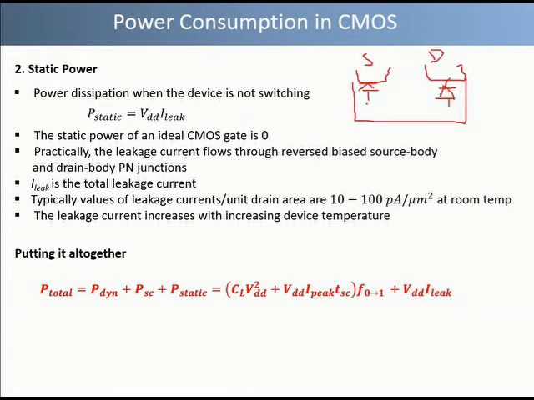However, in practical cases there is always a leakage current that flows between the reverse biased source body and drain body PN junction, and this leakage current is denoted by I leak. The static power is the product of supply voltage and this leakage current.